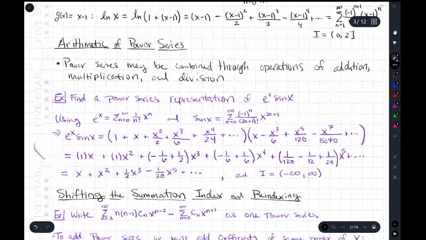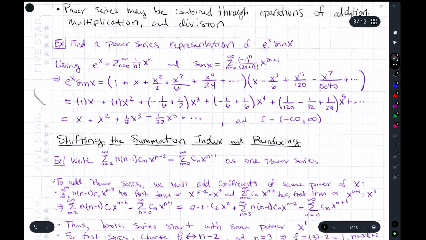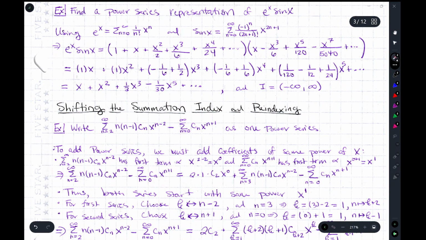And you could do this in combined terms, and you get this power series for it. Okay, and it turns out the interval of convergence here stays minus infinity to infinity. e to the x converges on that, sine of x converges on that interval. And this product will as well, though caution should be exercised with the issue of convergence after operations.